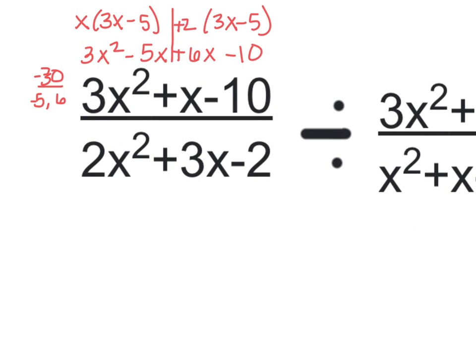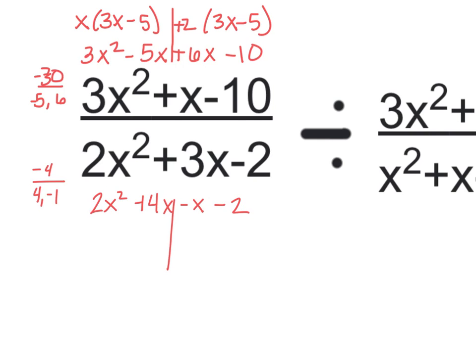Okay, so now my magic number is 2 times negative 2. So I get negative 4, and I want positive 3. So I get 4 and negative 1. So I get 2x squared plus 4x minus x minus 2.